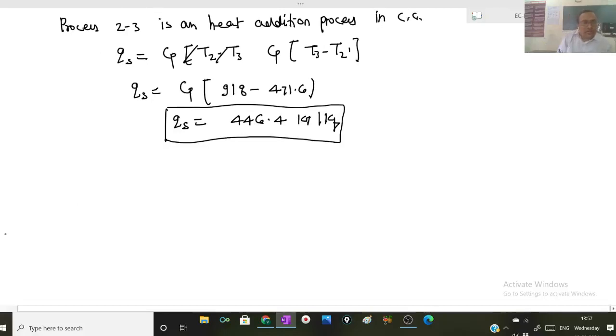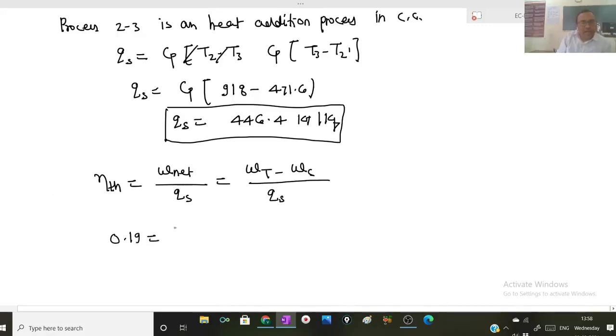Now we have the value of thermal efficiency given to us. It is W net over heat supplied, and W net can be calculated as WT minus WC, that is turbine work minus compressor work. Thermal efficiency is given as 0.19.